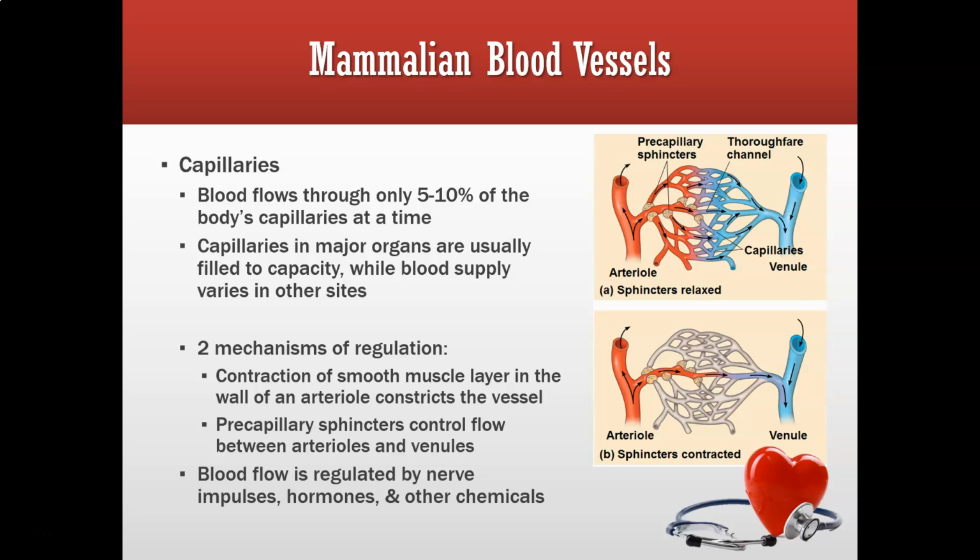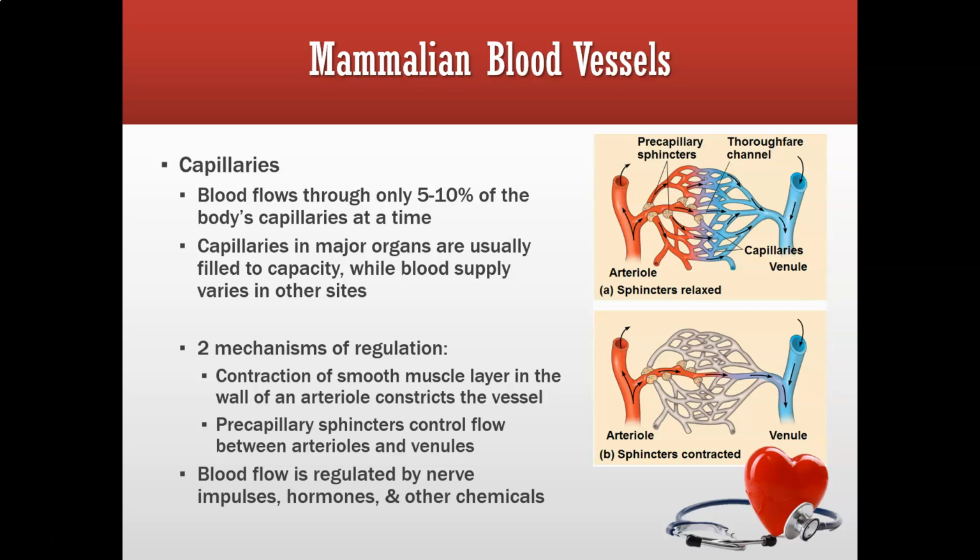So if I really need my body to be in fight or flight, well, then I'm not really worried about digesting my food and sending tons of nutrients and oxygen to places like my intestines or my stomach. So we may shut off the sphincters to their capillary beds in order to get a lot more muscle blood flow instead, right?